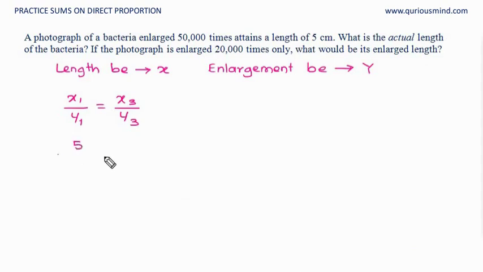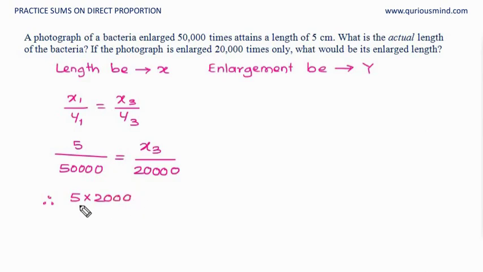So 5 upon 50,000 is equal to x3, we don't know the length, upon 20,000. We now want to enlarge 20,000 times. So it was 50,000 and 20,000. Now again cross multiplication or the transposition. So that gives us 5 into 20,000 upon 50,000.